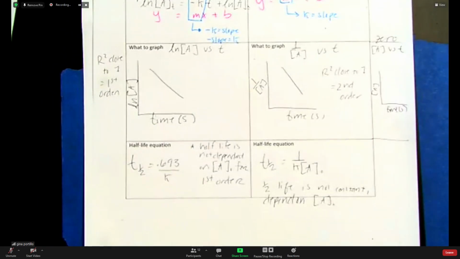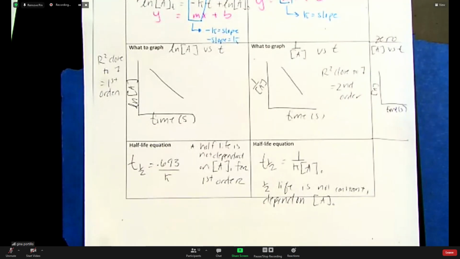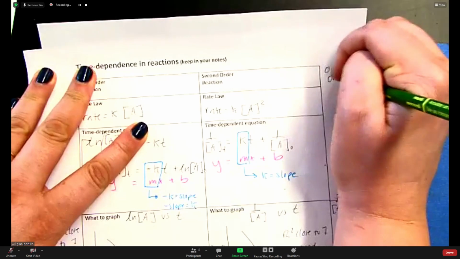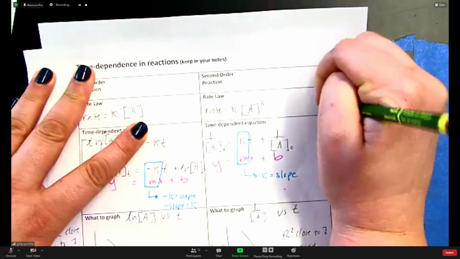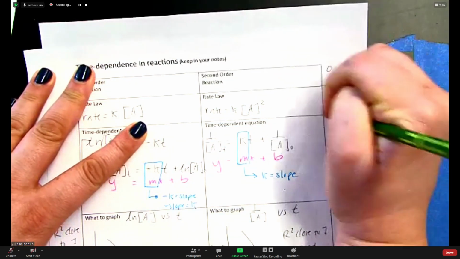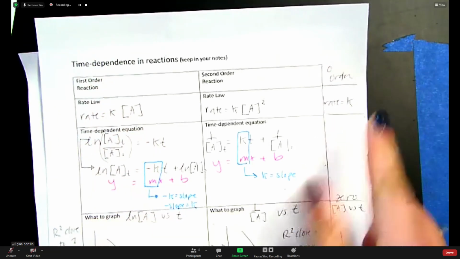And it could be concentration, or if it's a gas, you could also do pressure: 1 over pressure, natural log of pressure, just pressure. For gases, pressure is proportional to concentration. More moles, higher pressure. And that was for zero order. And the rate law for zero order is just dependent on your rate law constant.